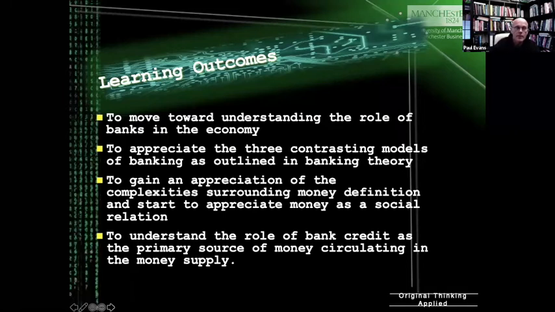We know that a certain percentage of money comes from the central bank in either bank reserves, central bank reserves, or coins and notes. But the rest of it, the bulk of it, probably 95% of money, certainly more than 90% of it, is created by commercial banks in the form of credit. And that drives our economy.